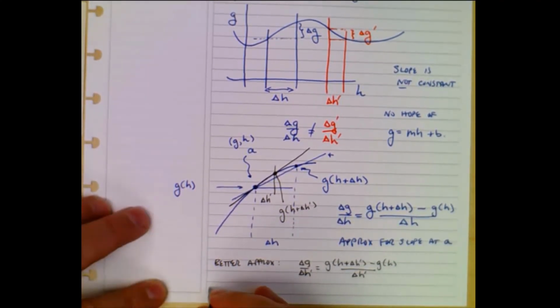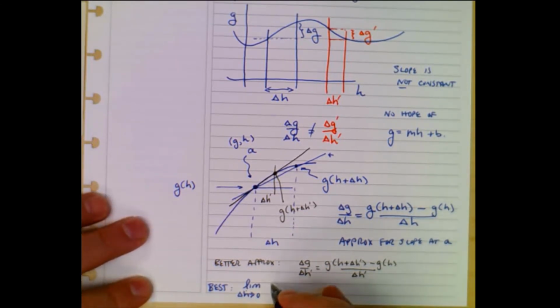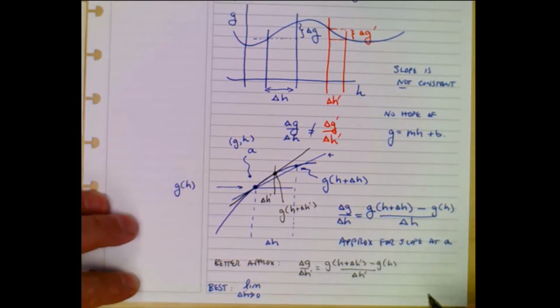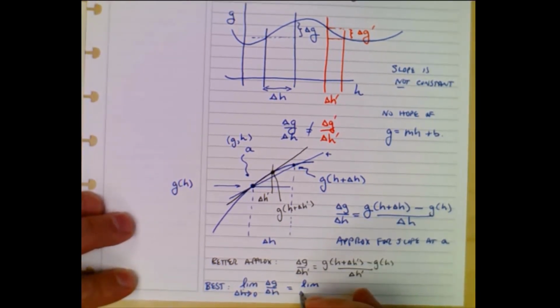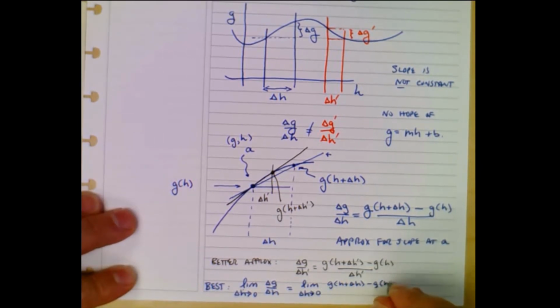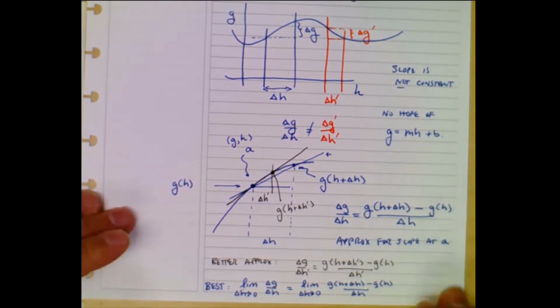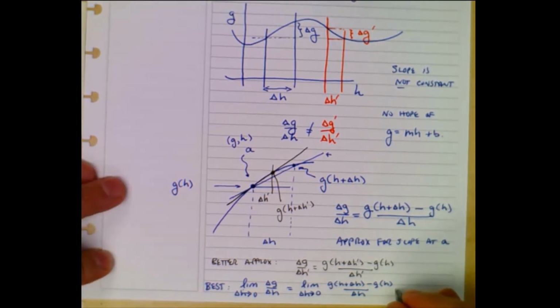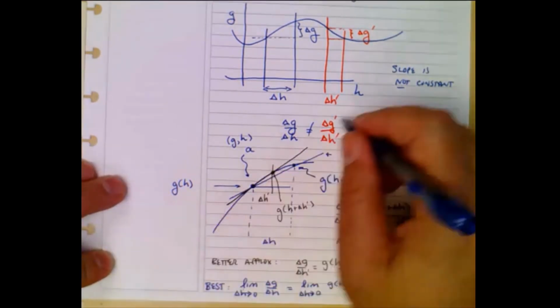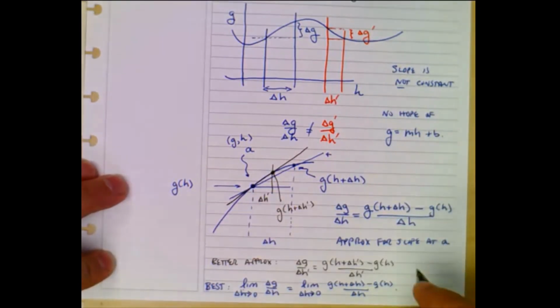Well, the logical end of this is to say the best approximation is to take the limit as delta H goes to 0 of this delta G that we've written over delta H. Or, just to be complete, the limit as delta H goes to 0 of G at H plus delta H minus G at H, over delta H. This is the slope of the best approximation, which is the slope of a tangent line.